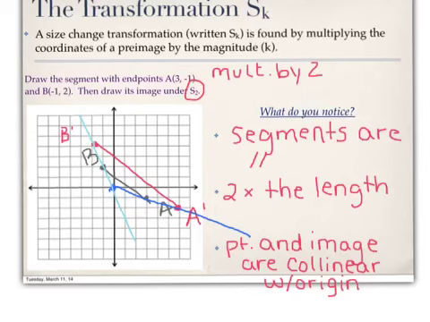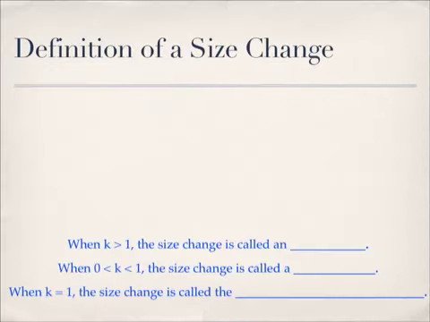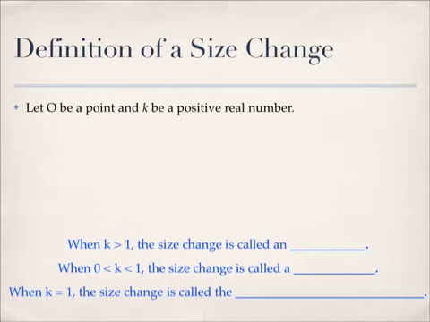This next part, I give you this because I want you to see what the definition actually says, but it's kind of complicated. It's going to make much more sense once you see it. So, definition of a size change. I didn't see much value in you copying it down. So O is some point somewhere, and K is a positive real number.